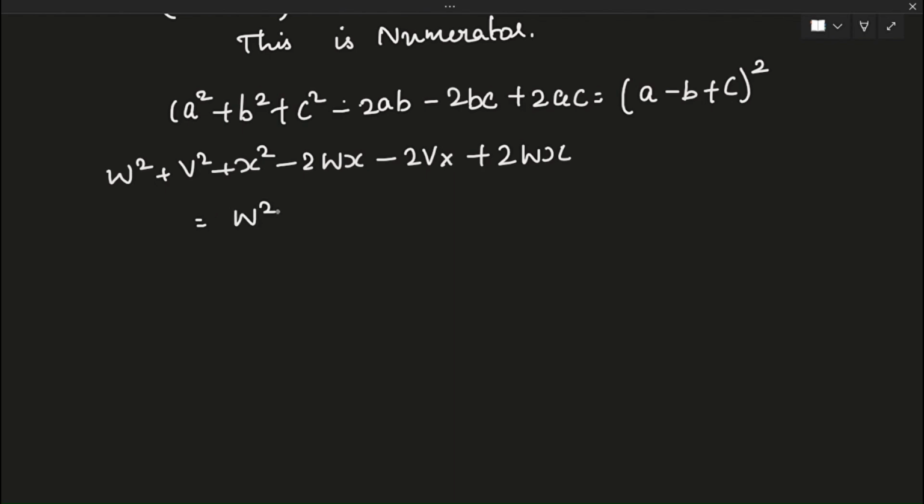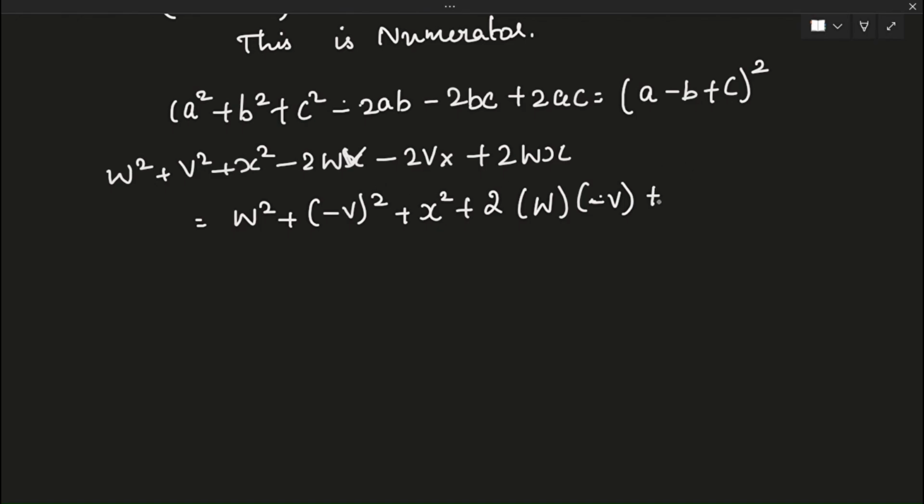So this is our a square, plus minus v square plus x square plus 2 into w into minus v, so this is v.